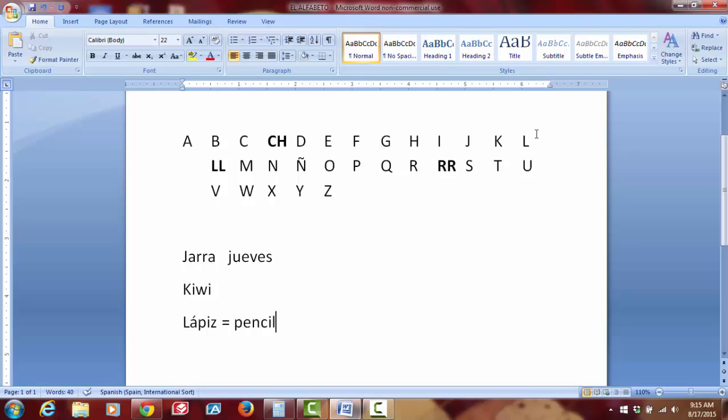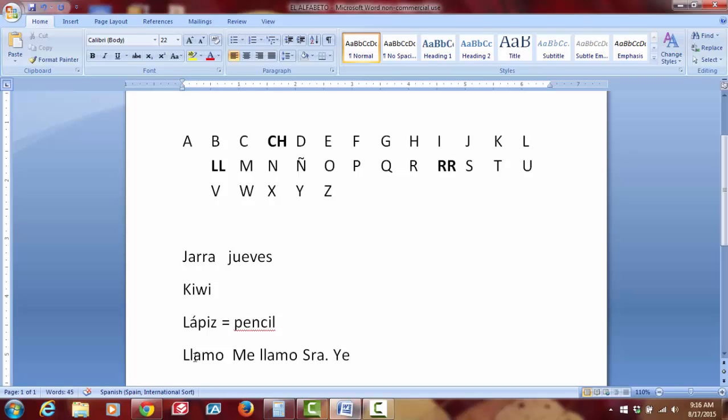Same sound. All right, again, we have this double L, right, which is not really a letter anymore, but it is a sound and an important sound. It has a couple of different variations. This double L together is pronounced like a Y, like in the word llamo. Me llamo Señora Ye.